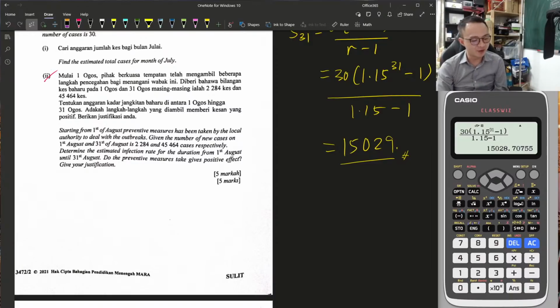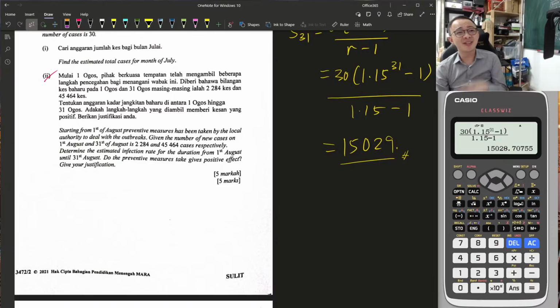Given the number of new cases on 1st August and 31st August is 2284 and 45464 cases respectively, determine and estimate the infection rate for the duration from 1st of August until 31st of August. Do the preventive measures give a positive effect? Give your justification.